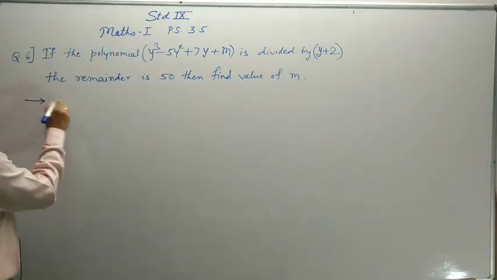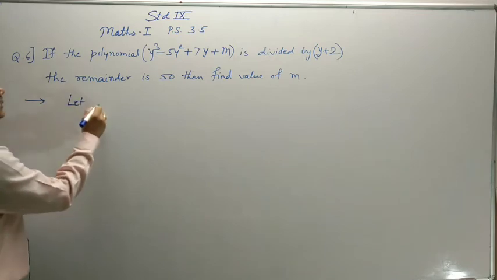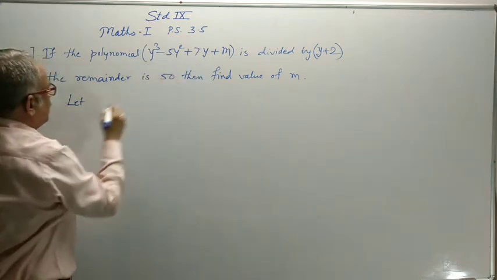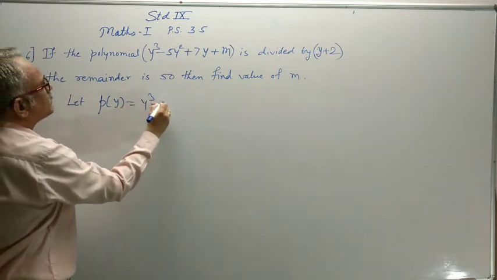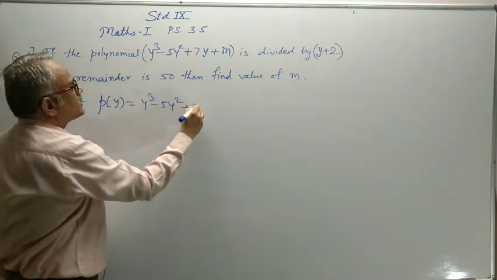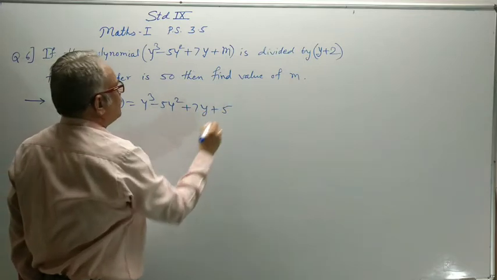Now see how to solve. Let the dividend be p of y equal to y cube minus 5y square plus 7y plus m.